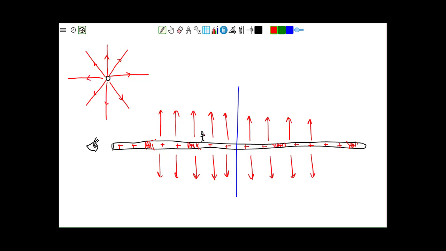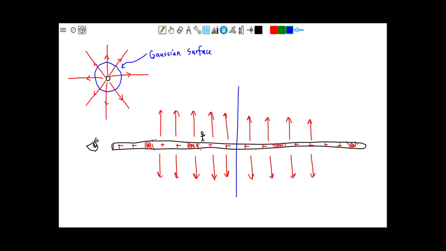Now, that symmetry can be expressed by just drawing an imaginary surface that's a cylinder in which the wire is centered down the central axis of our imaginary surface. This imaginary surface in space we're going to call a Gaussian surface. Now, a Gaussian surface doesn't have to be a real surface. It doesn't have to exist physically in space. It is a mathematical surface that can be described mathematically.